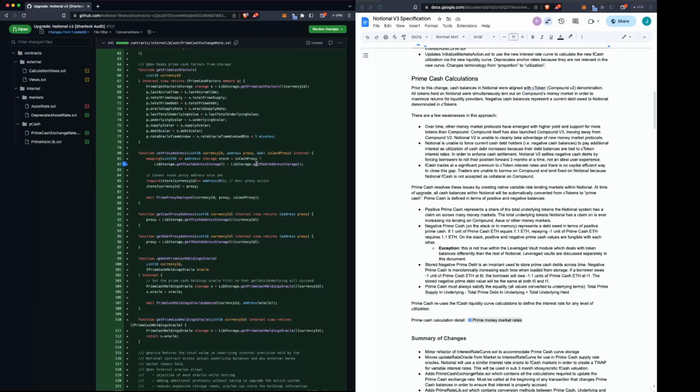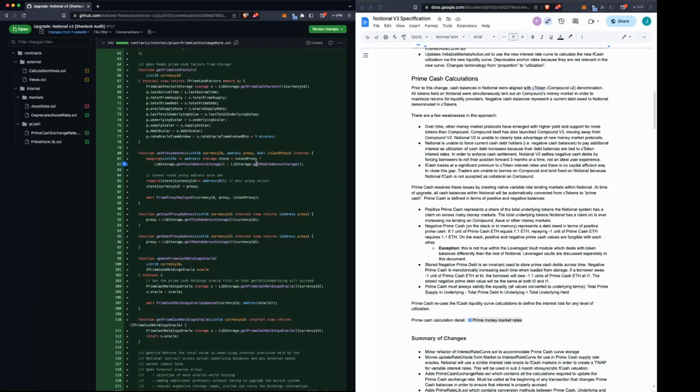And what we're going to do is Notional V3 is going to take USDC and hold it as, strictly, unwrapped USDC tokens. And then there will be a rebalancing process where governance can decide that maybe some of that USDC can be lent out on Aave V3, or Compound V3 or some other money market to earn additional interest.